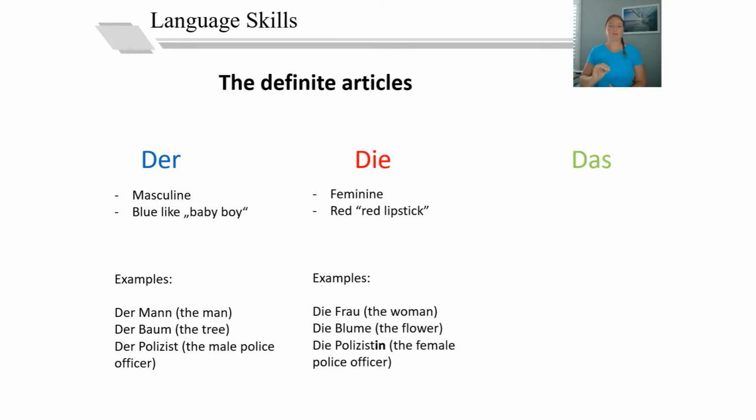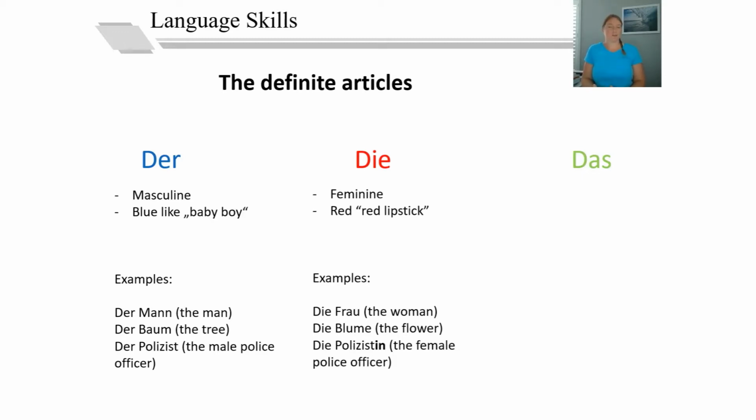And here I would like to give you right away a heads up when it comes to professions. Whenever you have an IN on the end of a profession, then it shows that here we are talking about a female in this profession. For example, der Polizist, die Polizistin, der Lehrer, a male teacher, die Lehrerin with an IN on the end means a female teacher.